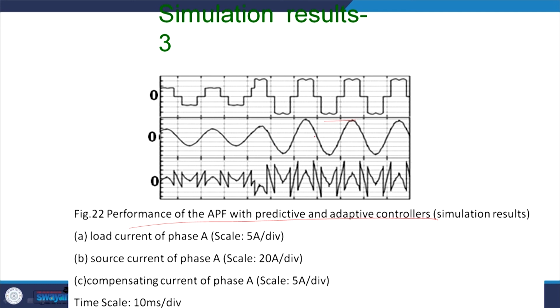But if you do the same thing that we have done in the SRF technique, it is equivalent to setting the cutoff frequency of 1 hertz. So, if you set the cutoff frequency of 1 hertz, then we have seen that we require at least 4 cycles to get the desired THD, whereas here you are getting this THD within 1 cycle.